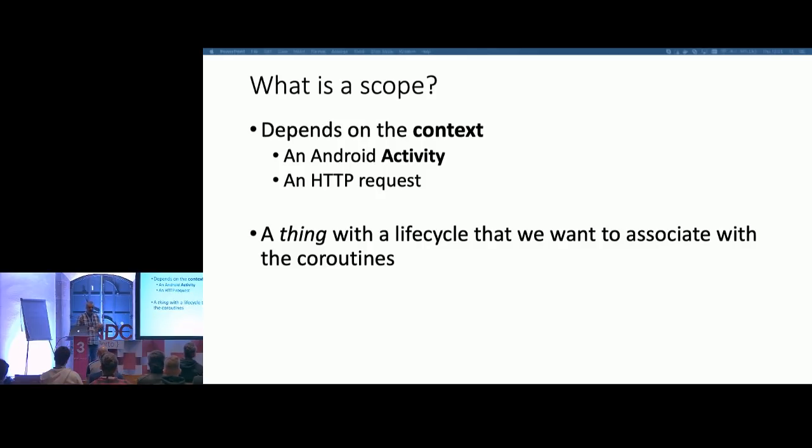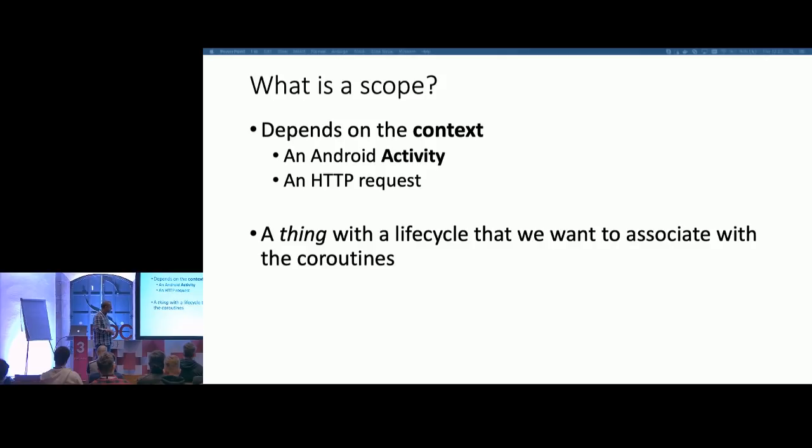Because if I launch an activity and then I press back, the activity ends, I want all the coroutines that were created in the context of that activity to stop. I left the screen. I don't want the coroutines to still be spinning after I left.